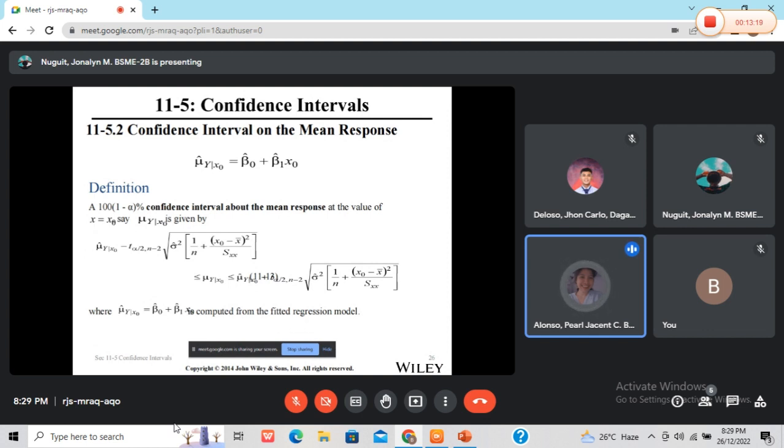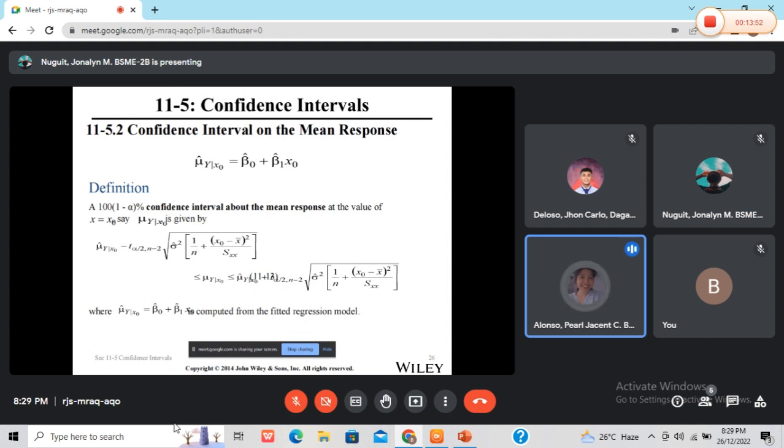but can also be less than or equal to mu hat sub y given x sub 0 plus t sub alpha over 2, where n minus 2, multiplied by the square root of sigma squared multiplied by 1 over n plus x sub 0 minus the mean of the x values to the power of 2 over s sub xx.